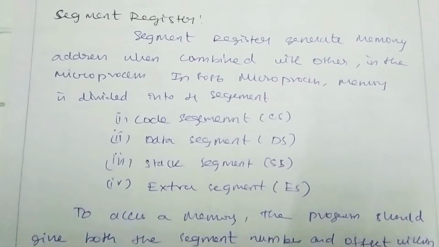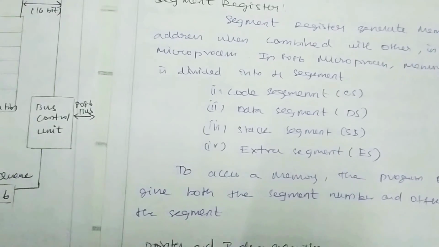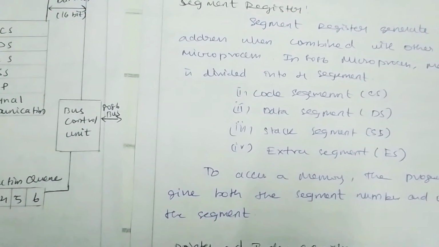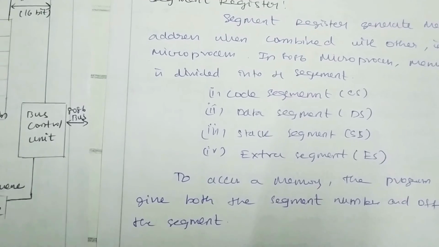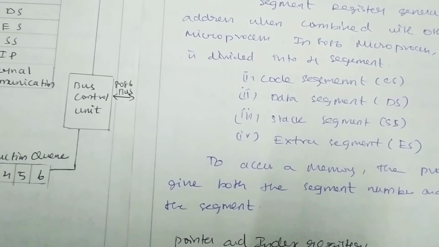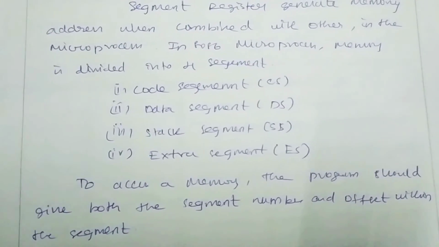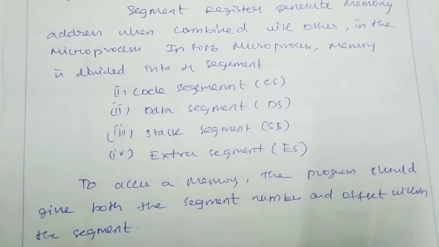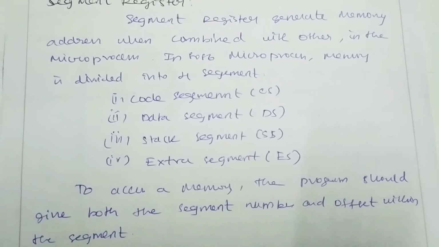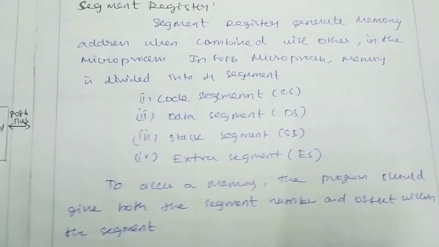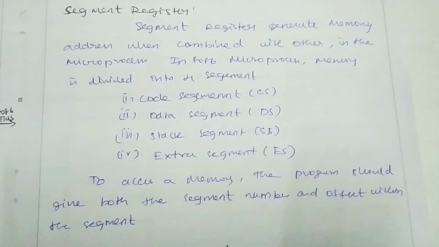The code segment register is used to fetch the code, the data segment and extra segment manage the memory data, and the stack segment tells how the stack is provided. It will tell which instruction should be carried first.